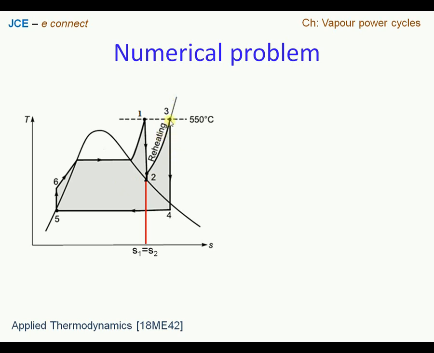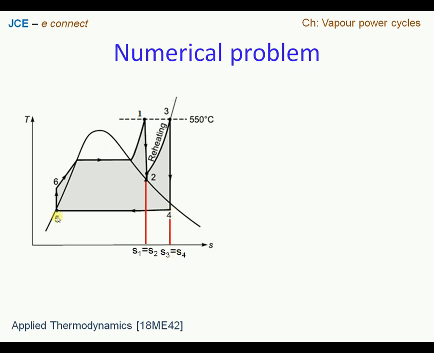From state point 3 to state point 4, again we have expansion work done by the turbine. So this is again an isentropic expansion process. One can extend the line and cut the x-axis. Therefore we can write S3 is equal to S4, because it is an isentropic expansion process, so the entropy has to remain constant.